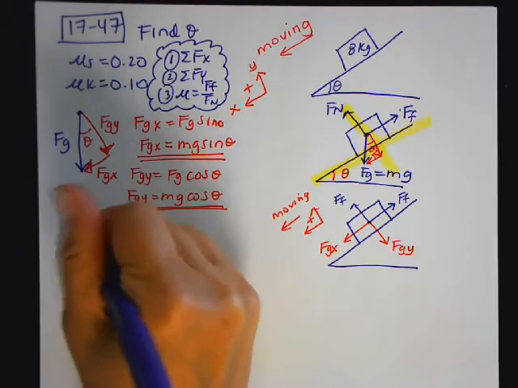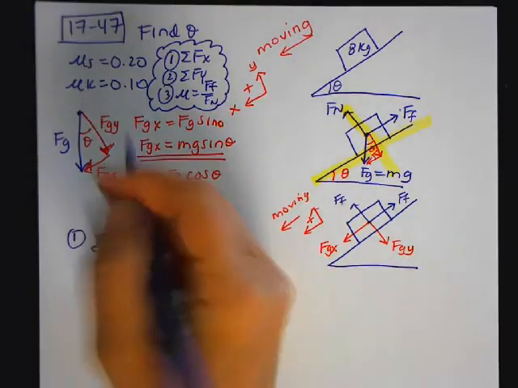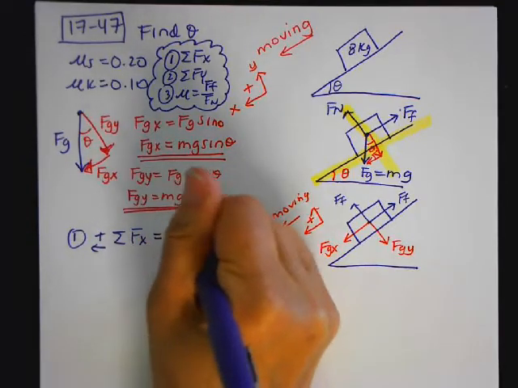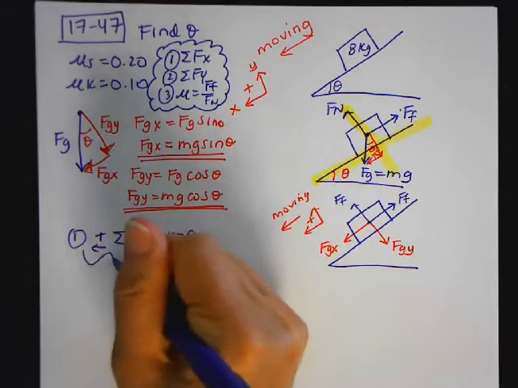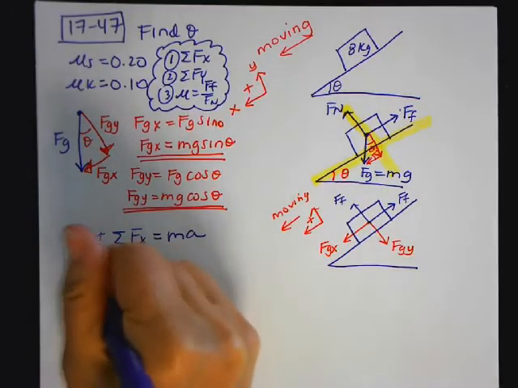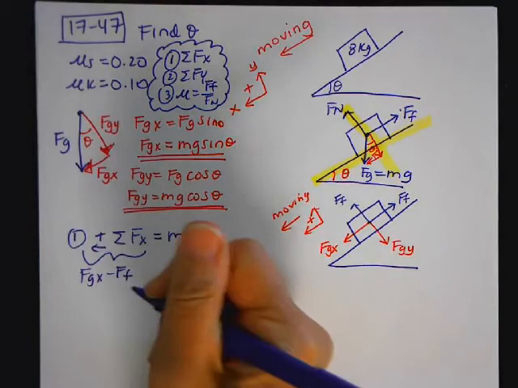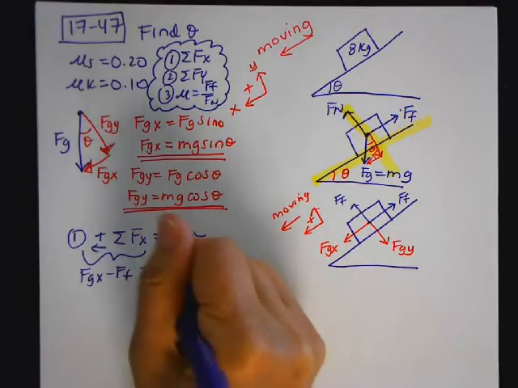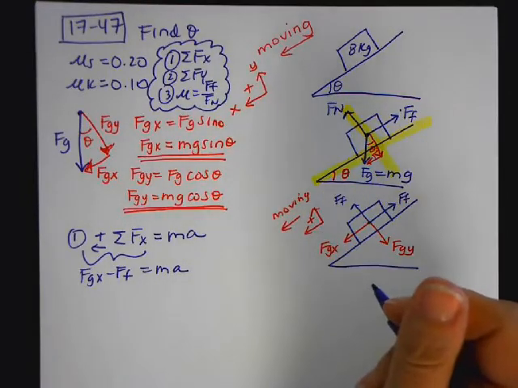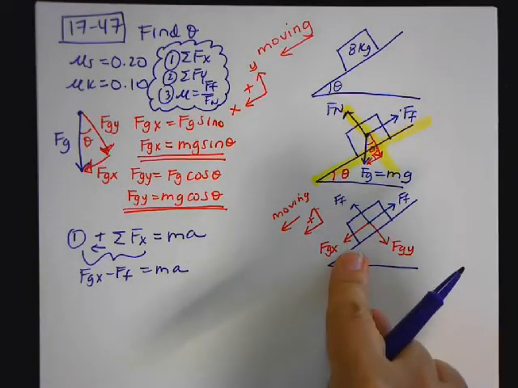Now I'm calling to the left positive down the incline, parallel. So summation of F of x is equal to ma. Now I'm going to look at my free body diagram. F g x is positive minus F of f is equal to ma. Now, is this box accelerating down the incline?